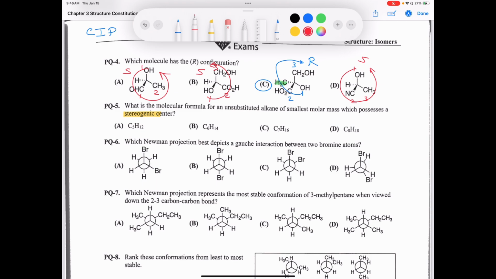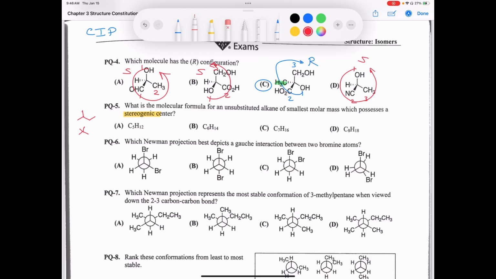Well, if you think about C5H12, there's only a couple of isomers possible, right? So if we have 2-methylbutane, that doesn't have a chiral center in it. And then if we were to have 2,2-dimethylpropane, that's neopentane, I think, that doesn't have a chiral center in it either.